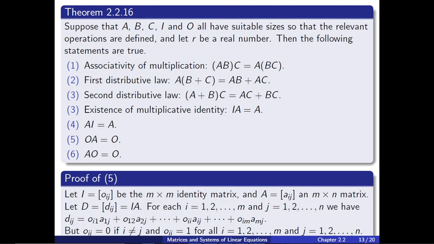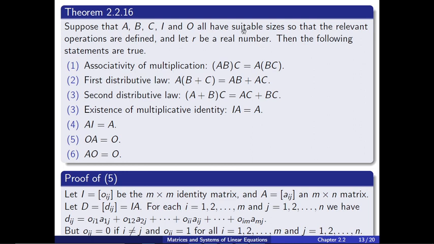Right, let's get on to more distributive laws, and now we are talking of matrix multiplication. Now suppose A, B, C, I and O. So the I and O, we are talking of the multiplicative identity I, and then the additive identity O for matrices, and all have suitable sizes so that the relevant operations are defined, and let R be a real number.